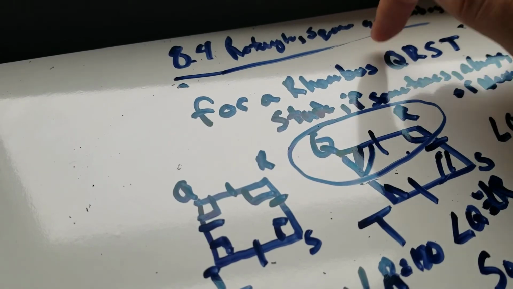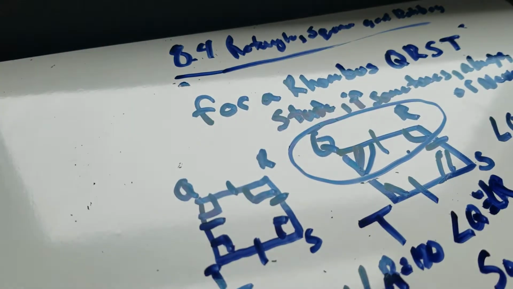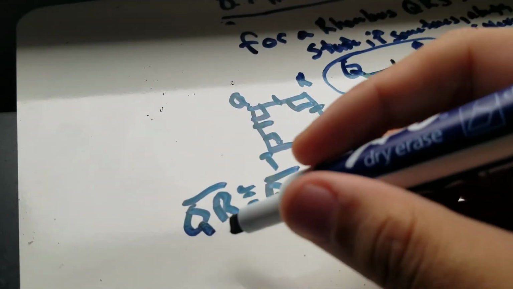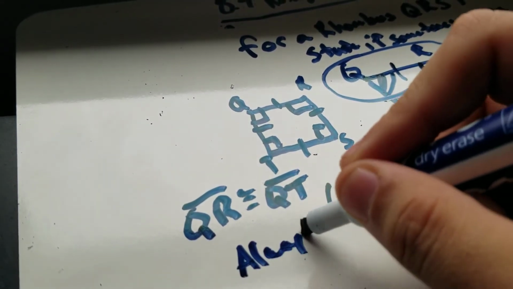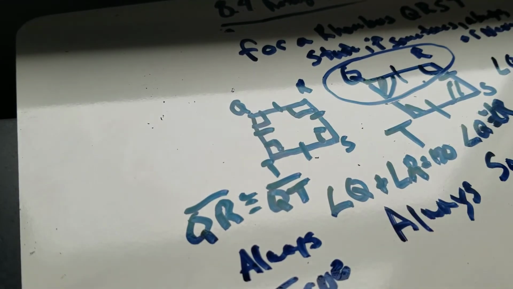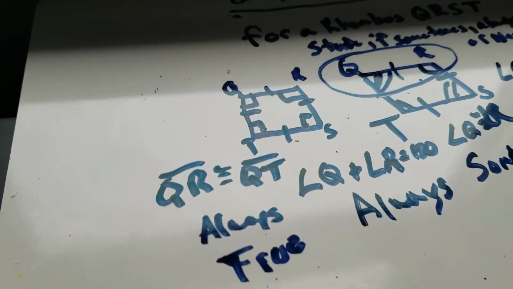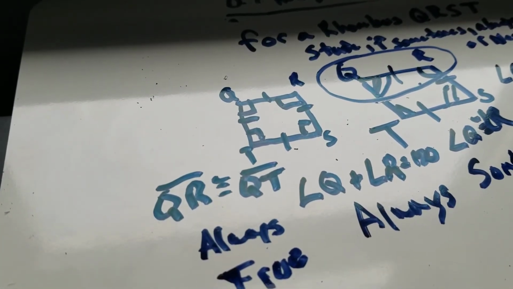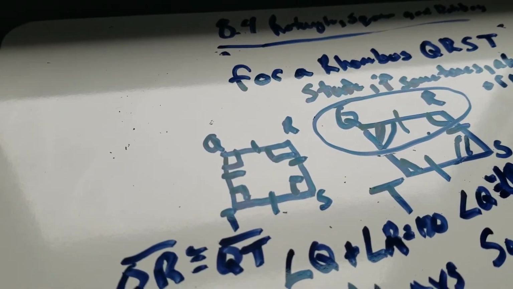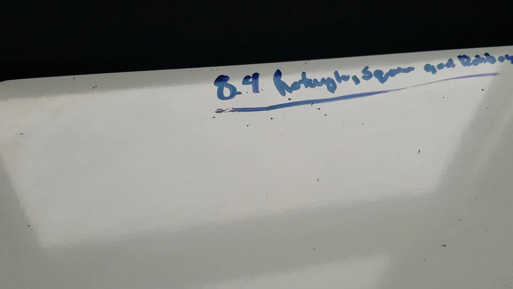And because all the sides are equal, QR is congruent to QT. So this is always true. Okay? So QR is congruent to QT is always true for a rhombus.